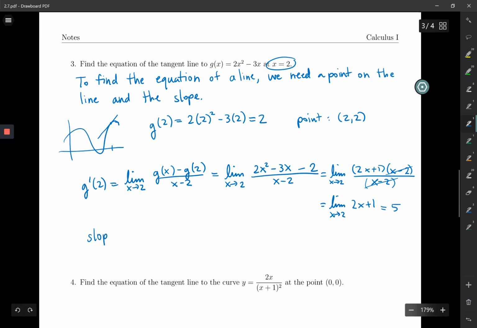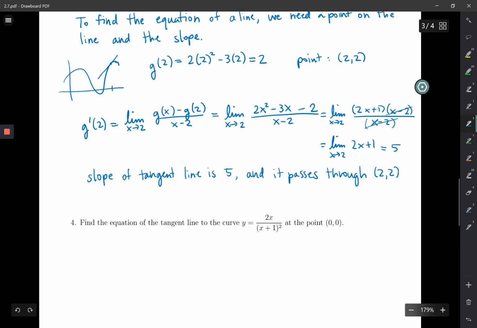So the slope of the tangent line is 5, and it passes through the point (2, 2). Okay, and now if you don't remember the point slope form, that's the formula where you have y minus y1 equals m times x minus x1, where m is the slope, and x1 and y1 are the coordinates of your point.